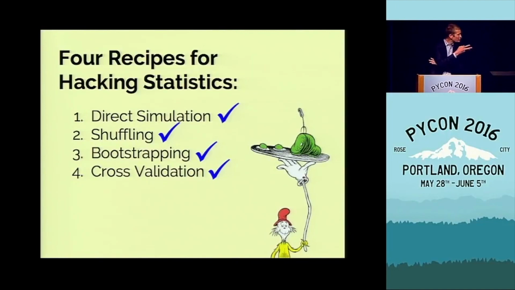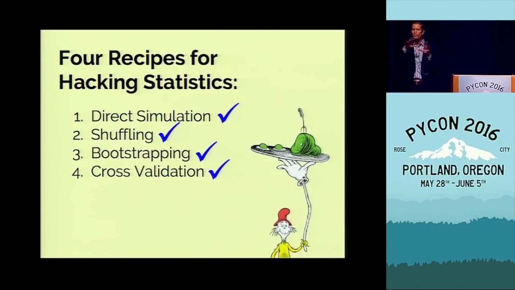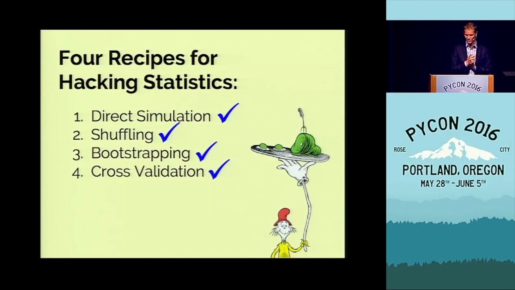So these were the 4 hacking statistics recipes that I wanted to present to you guys. Number 1, the direct simulation. This is where you have an a priori model of your data generation process, and you can actually simulate the whole thing end to end. There's shuffling, where you're trying to decide whether one group is different than another group, and you can shuffle the results to generate that sampling distribution or to mimic the sampling distribution.